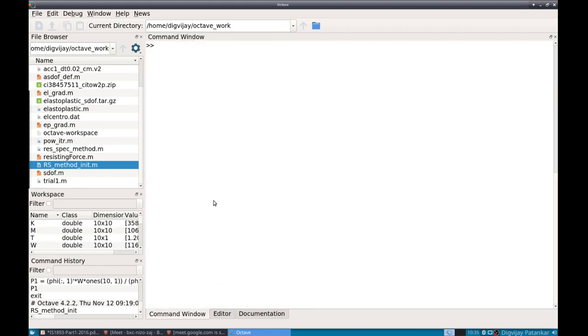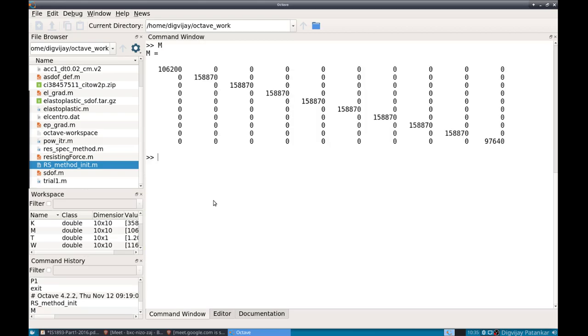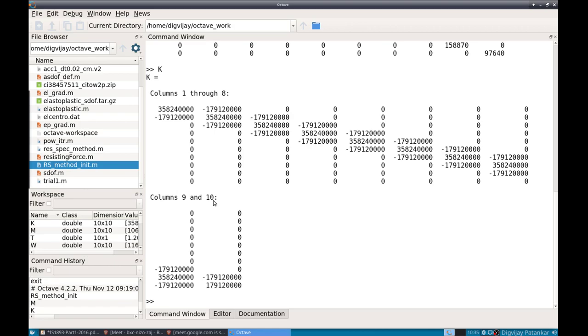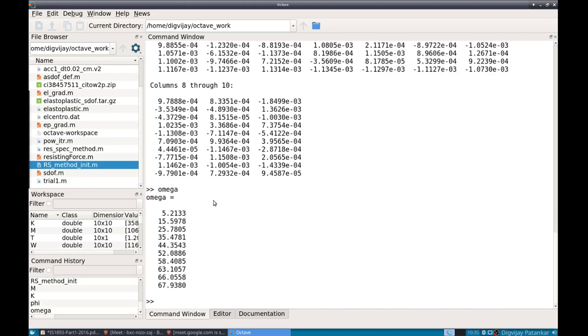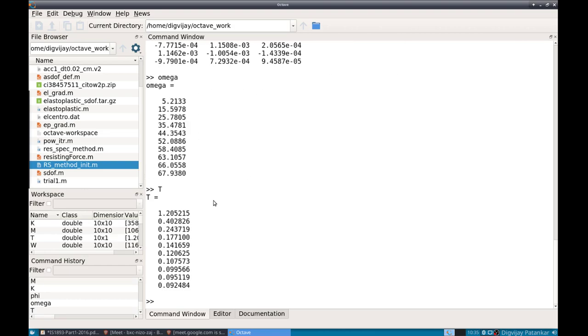Once we execute this code, we have the mass matrix, which is our diagonal matrix, the stiffness matrix, tri-diagonal, and phi, which is our mode shape. Then we have omega, which are our natural frequencies, and T, the fundamental periods, natural periods.